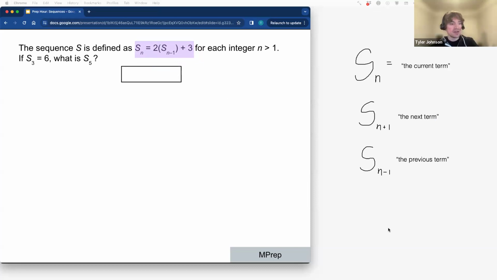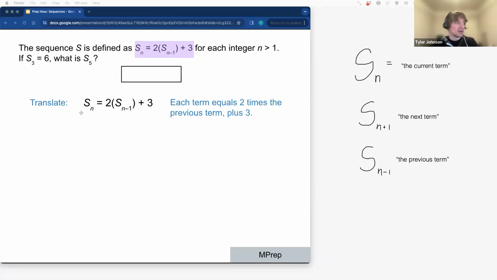So what I see here is the current term, S sub n, is going to be equal to 2 times the previous term, S sub n minus 1, plus 3. And once I have it written in words, it's going to be easier for me to move through the different members of the sequence rather than recalculate an equation every single time.